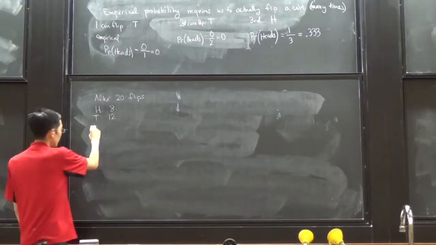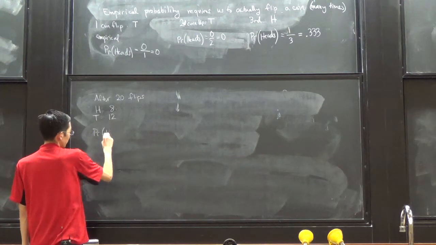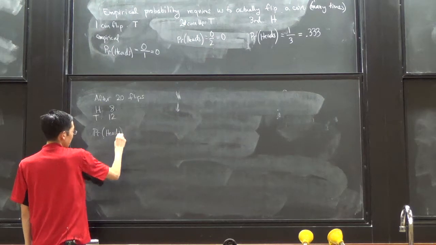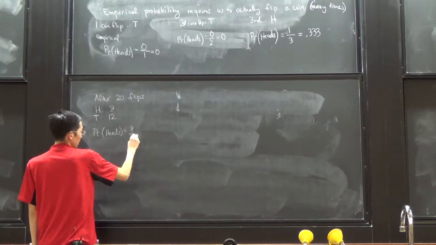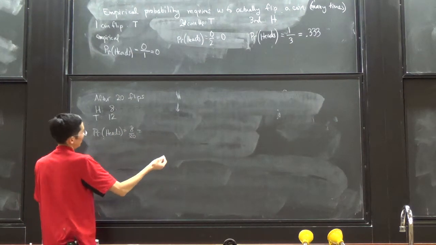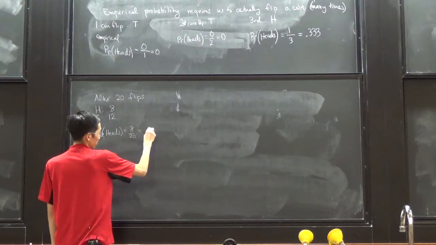Okay, so my probability after 20 coin flips is 8 out of 20, which would be what is that, 40%?